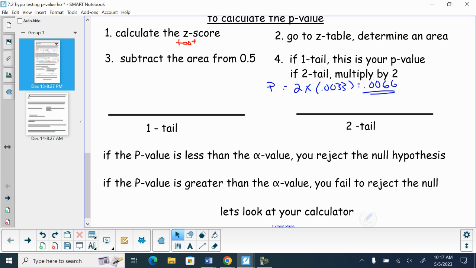Well, our alpha value in this case was 0.05. So we reject the null hypothesis. So basically, you're comparing your p-value to your alpha value.